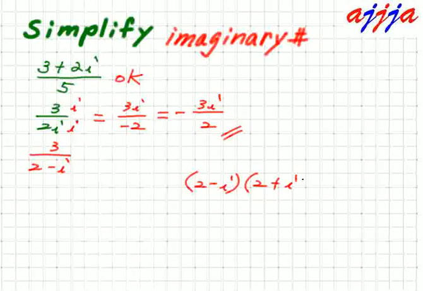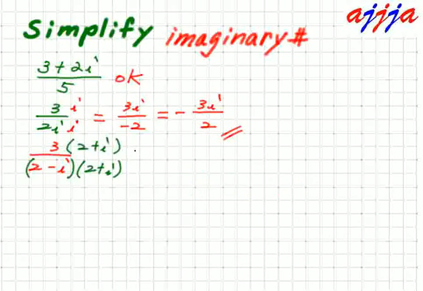The conjugate is 2 plus i. If you multiply this one, there's no more imaginary number. So simple. Let's solve this one. You just multiply top and bottom by the conjugate, 2 plus i, 2 plus i.